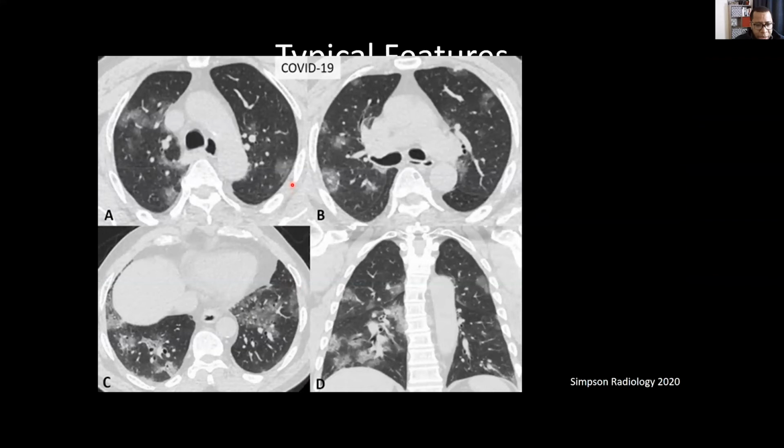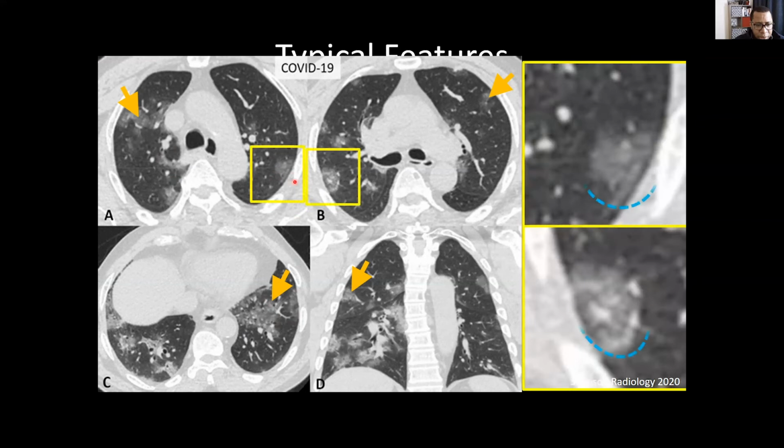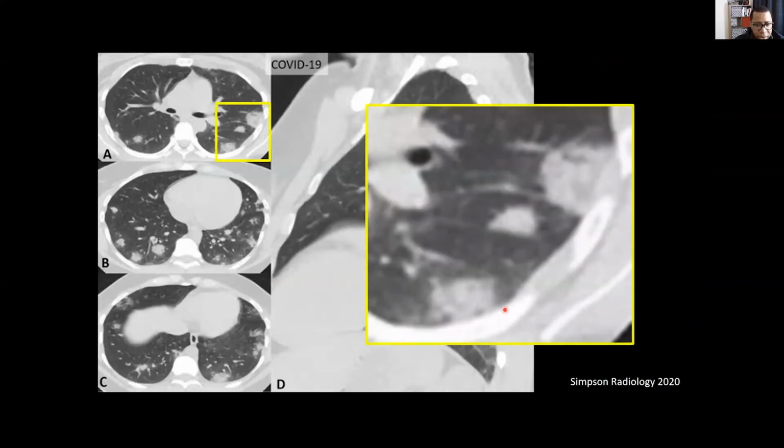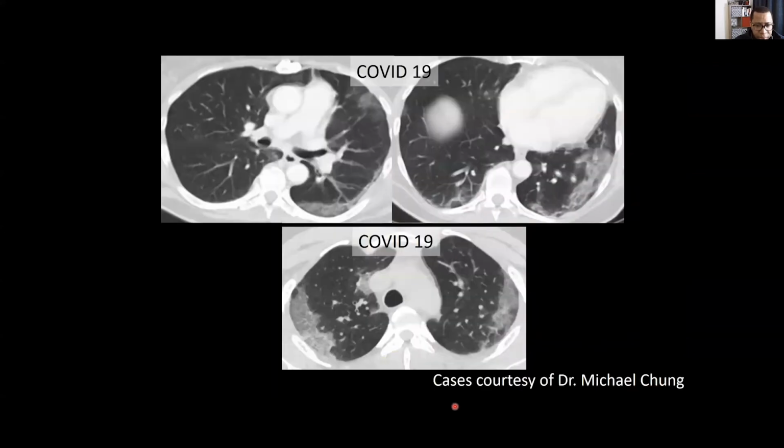Again, you have these ground glass opacities, some of them with these rounded morphologies, peripheral, more typical findings of COVID-19. And again, rounded morphology, as you zoom in. From my colleague Scott Simpson.